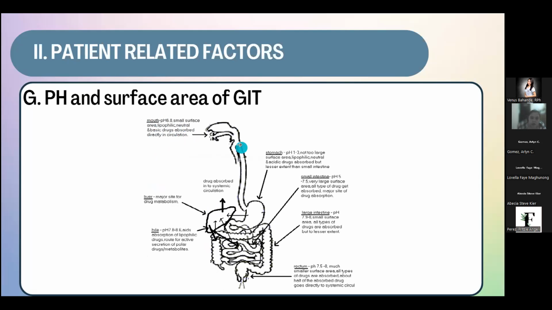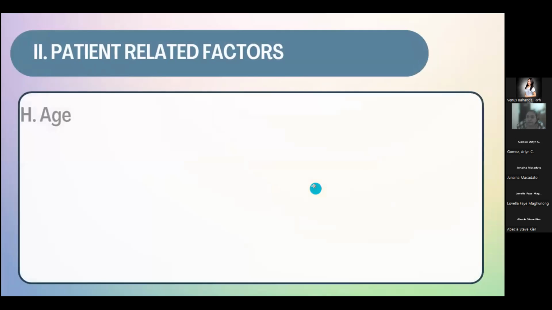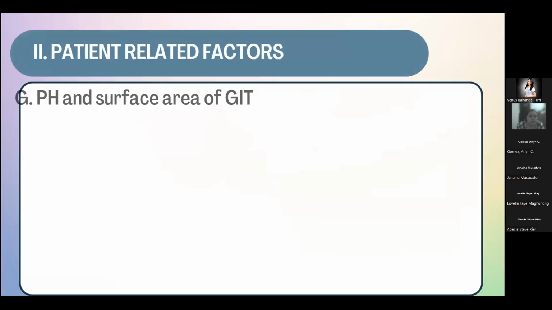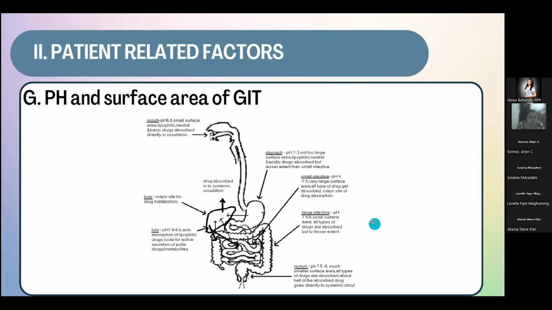Then in the stomach, which is not too large a surface area, the lipophilic, neutral, and acidic drugs are absorbed, but to a lesser extent than the small intestine. Then for the large intestine, small surface area, and all types of drugs are absorbed, but to a lesser extent.